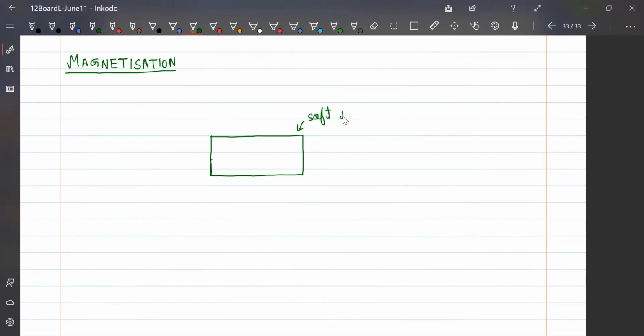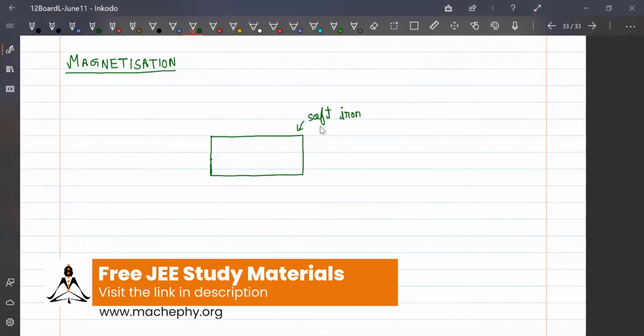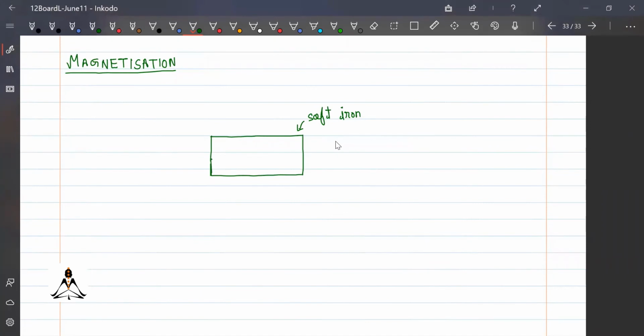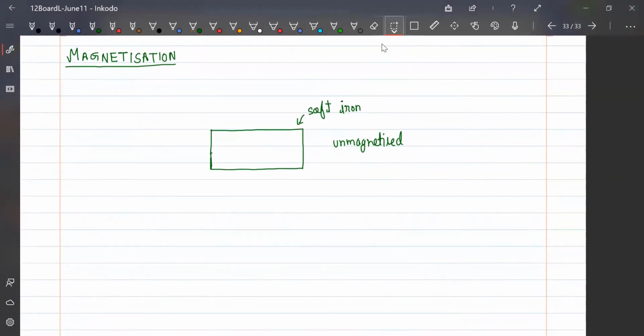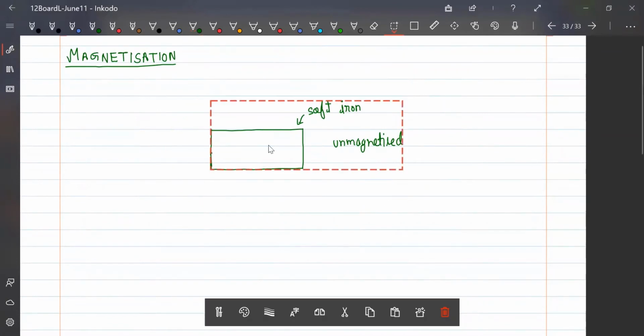It has been observed that a soft iron, when it is produced from the factory, is unmagnetized. So it does not have a magnetic field of its own. Or you can take another piece, which, due to some phenomena we will be studying, is magnetized.